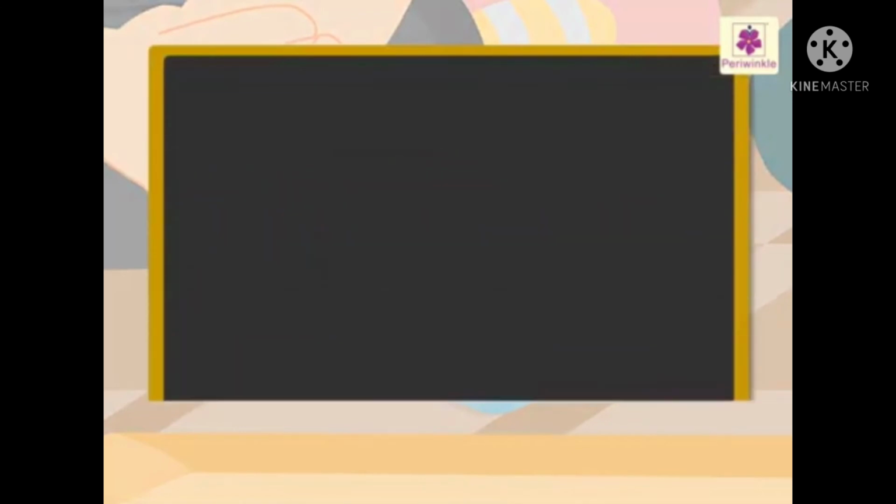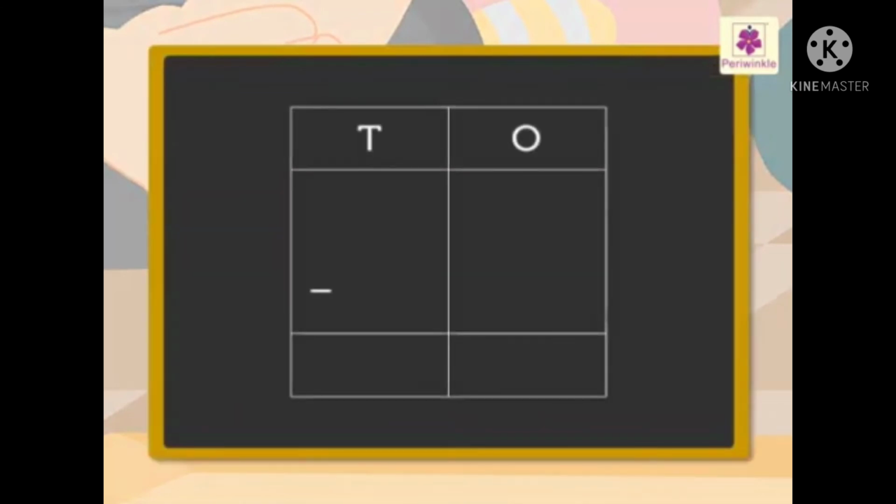Let's see how. Write the numbers 68 and 16 in the place value chart, that is, in the ones and tens column. Now, first subtract the number 6 from 8 in the ones column. We get the number 2. Write the answer in the ones column.